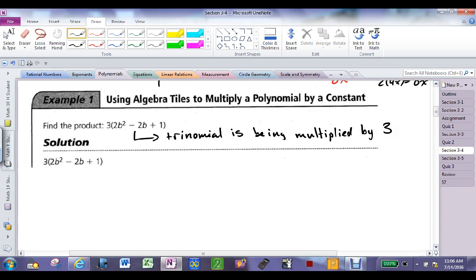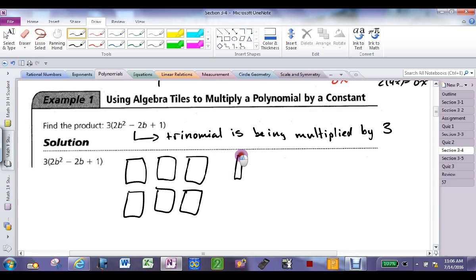Which parts of that trinomial? All of them. So if I start with 2b squared, how many groups of that do I need? 3. So I draw it 3 times.